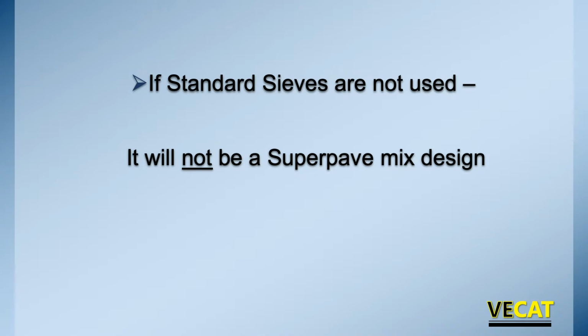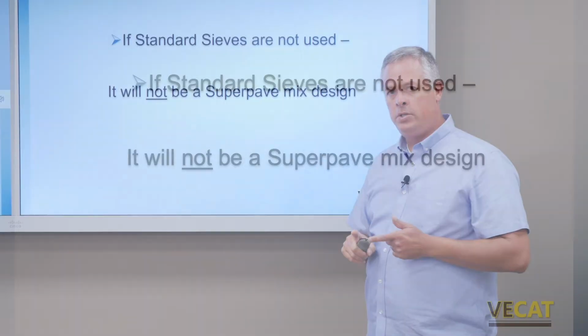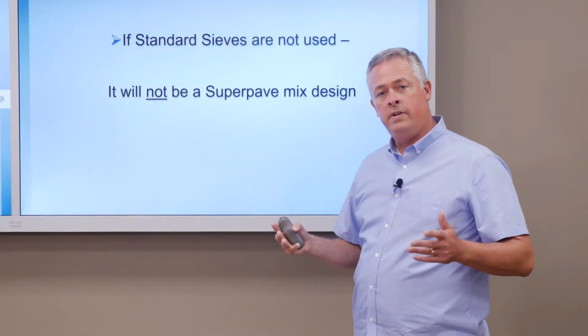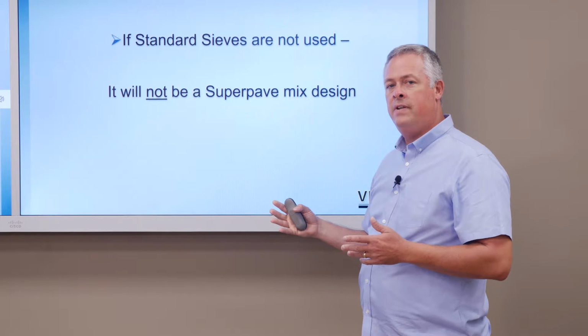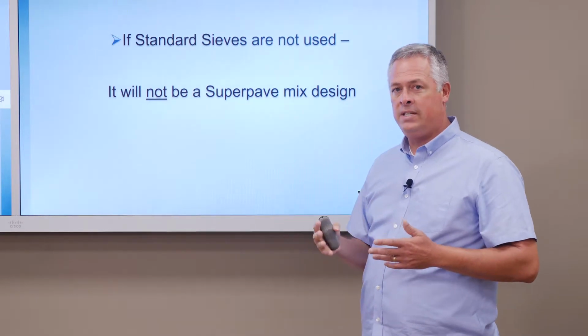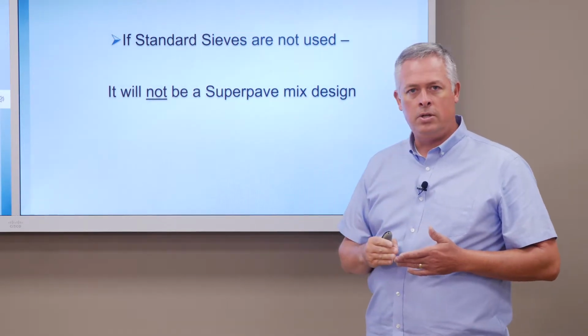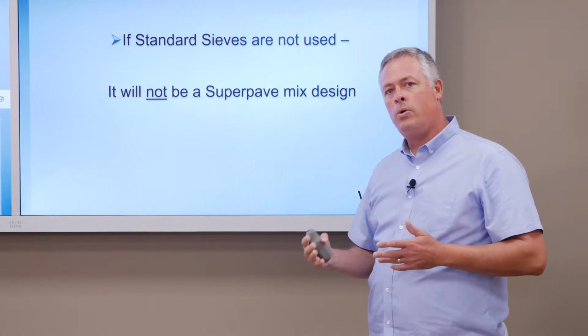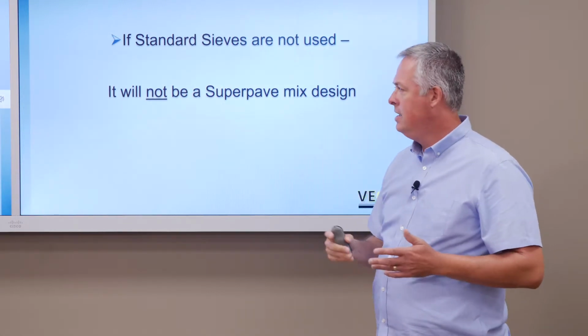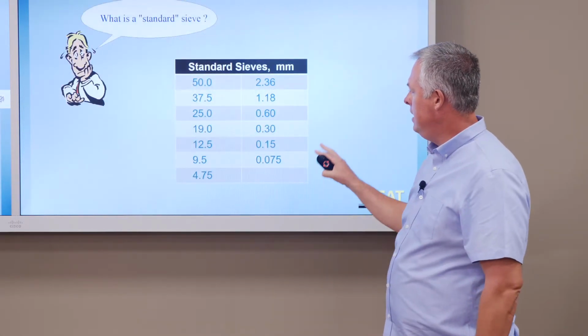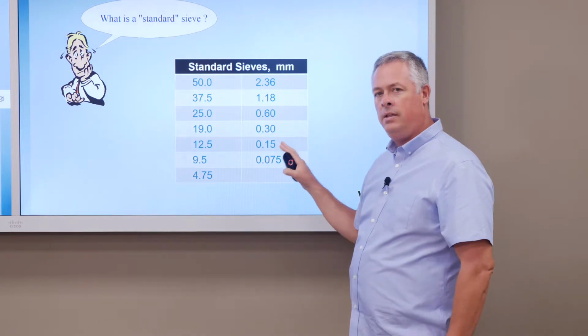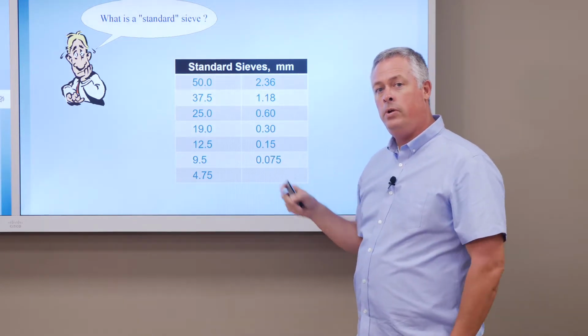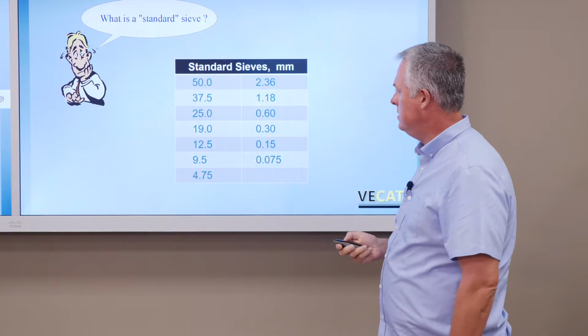The reason this is important: if standard sieves aren't used, then it's truly not a Superpave mix design. The pharmaceutical industry and lots of other industries use sieve nests just like we do that have different sizes. So you can't use a 3/16 or a 1/4 or a 5/16. They've got to be these metric sizes before you can use them for a Superpave mix design.